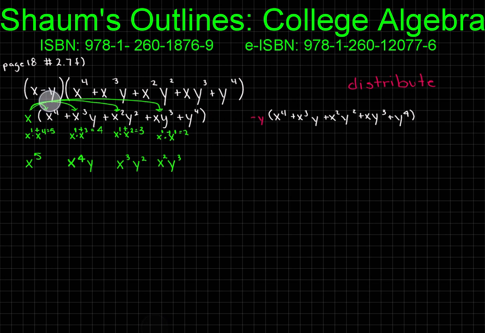And then I'm just going to mash it up with this y to the fourth. So I'm just bringing down y to the fourth, and then I'm adding in my x.